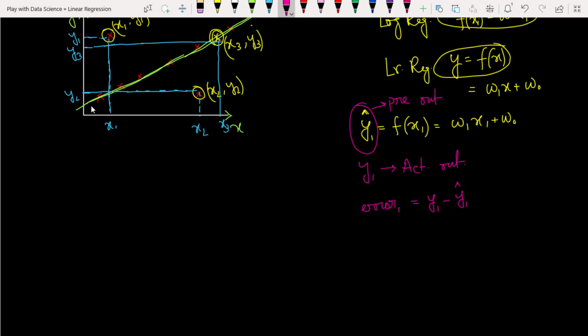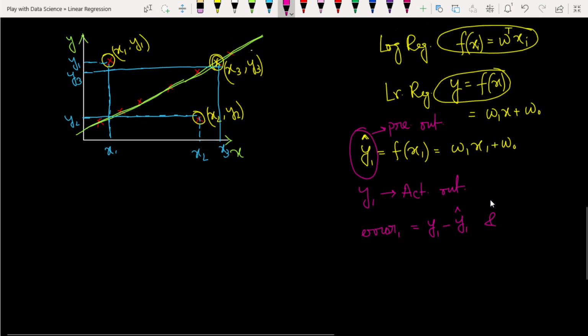Because this point does not lie on the line, it will be different. Easily you can see here this point is y1 hat, and this is our y1. This difference is called error 1.